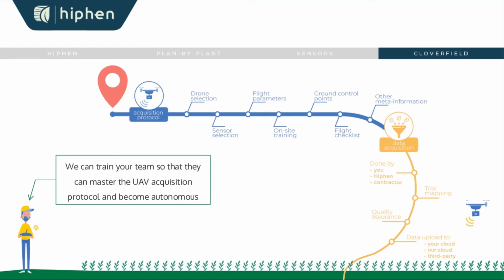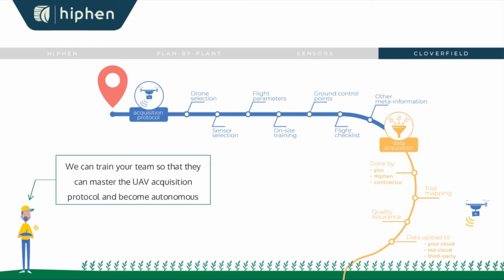So we really focus heavily on that step around the UAV acquisition protocol. We've got a lot of experience and have gathered what we call internally the standard operating procedures, the SOPs, that will ensure that you acquire your data in the best way possible.